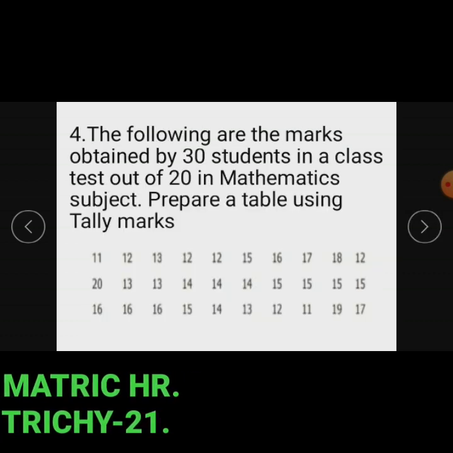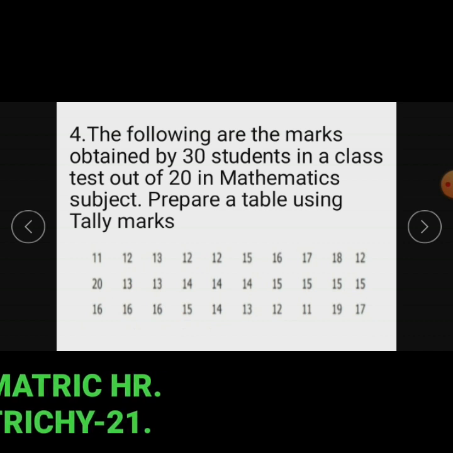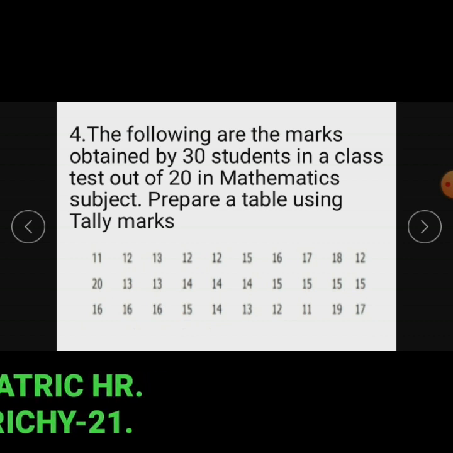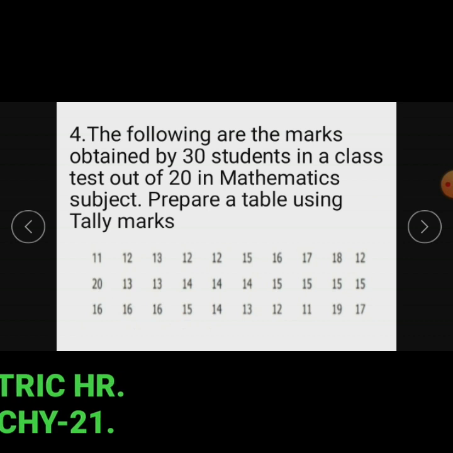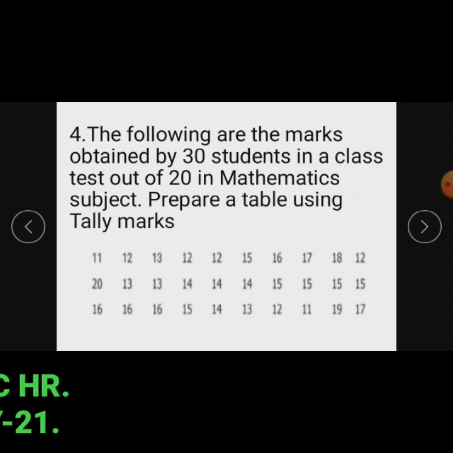Question number 4. The following are the marks obtained by 30 students in a class test out of 20 in mathematics subject. Prepare a table using tally marks.